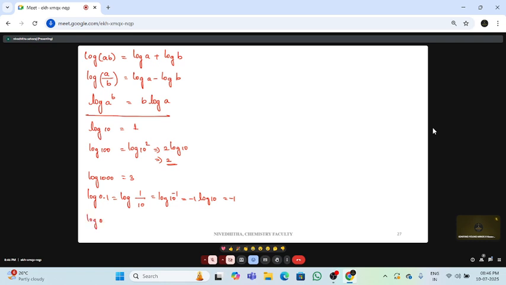Similarly, what is the value of log 0.01? It is 1 by 100, or 10 power minus 2, so it is minus 2 log 10, which is minus 2. That's it. So these are values you don't need to memorize. Just from the logic we can find them. But some values we have to memorize.